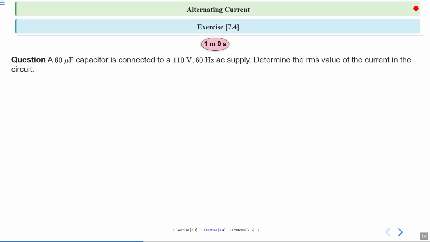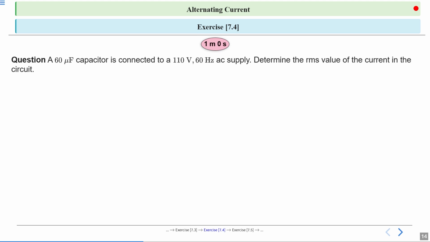So next, exercise 7.4. A 60 microfarad capacitor is connected to a 110 volt, 60 hertz AC supply. Determine the RMS value of the current in the circuit. Okay, so this is the case of a purely capacitive circuit.